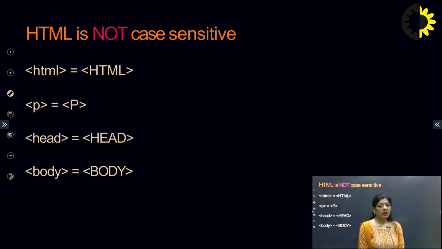It doesn't make any kind of effect. You can write your HTML in small letters, you can write your HTML in capital letters, it doesn't make any change. You can write the paragraph tag in small letters or in capital letters, it doesn't make any kind of change or effect in your coding. Head, you can write in small letters as well as in capital letters, no problem, as well as body.